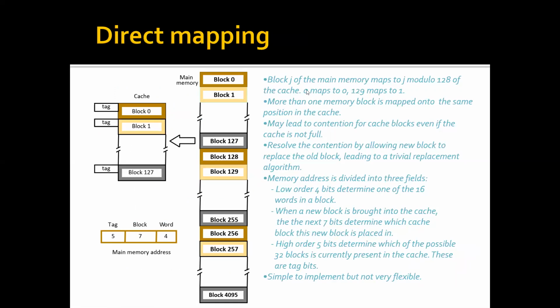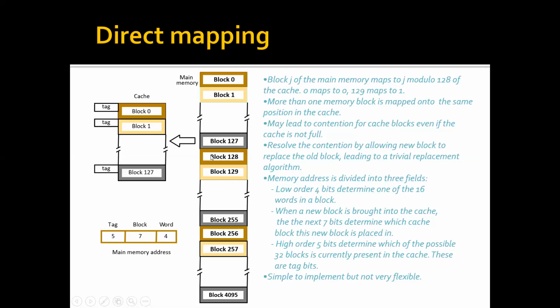The direct mapping technique says the block J of the main memory maps into block J modulo 128 of the cache. This 128 is nothing but the number of blocks in the cache. So 0 is mapped to 0, 1 is mapped to 1, 2 is mapped to 2, 127 will also map to 127.